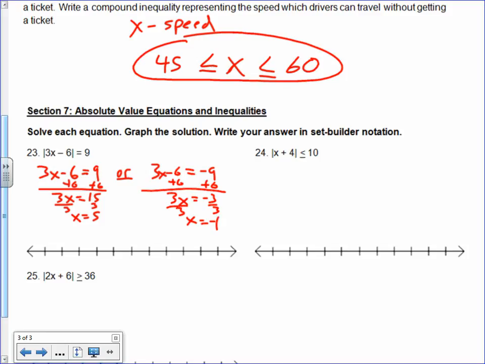So if you were to graph that, you just have to have 5 and negative 1 on there. So we'll say this is 5, 4, 3, 2, 1, 0, negative 1, negative 2. So we'll put the points at negative 1 and 5. Set builder notation, I'll write it above. Still the same thing, x such that x equals 5 or negative 1.